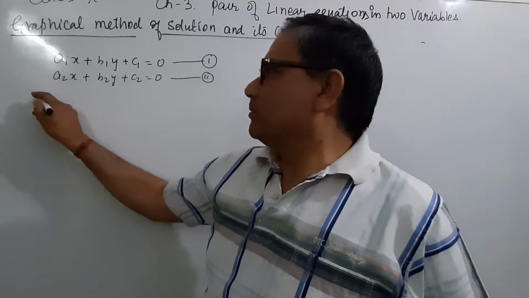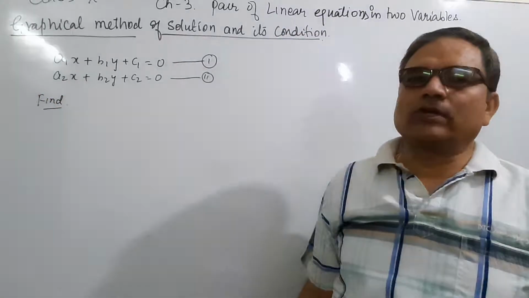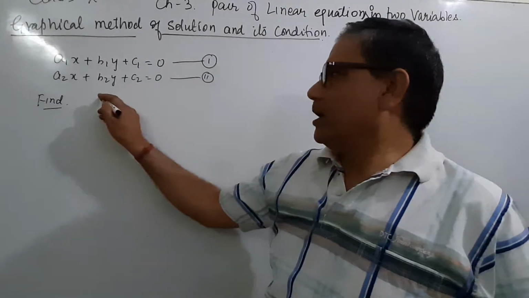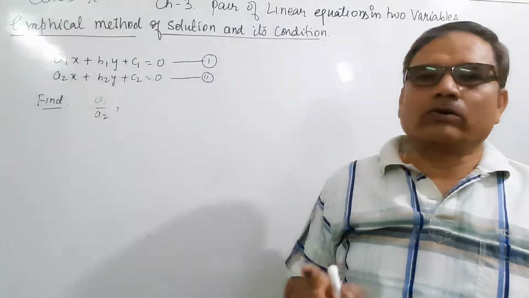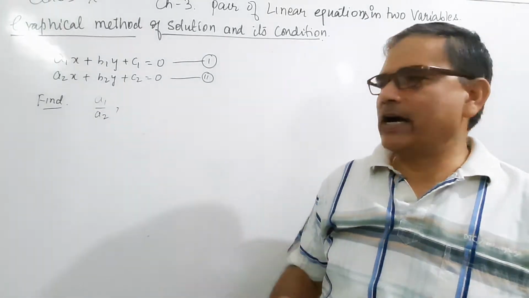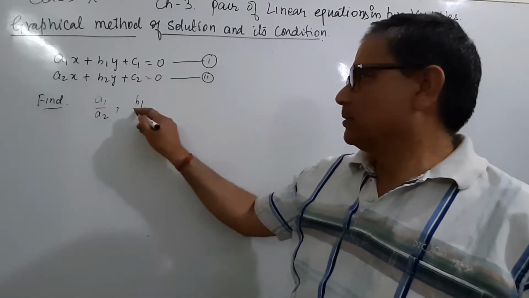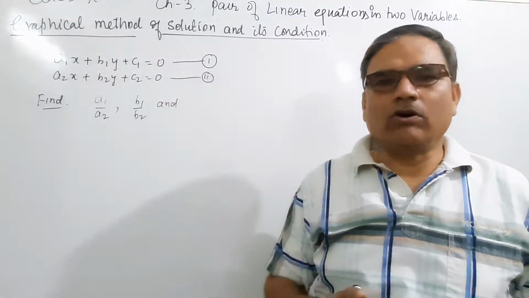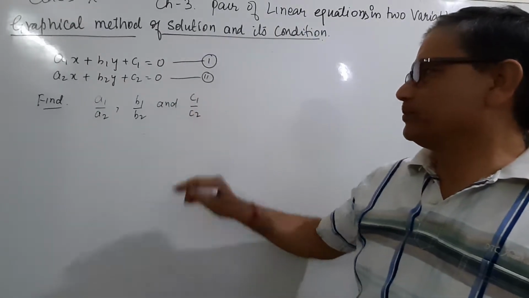First find the ratio of the coefficient of x, a1 upon a2, and the ratio of the coefficient of y, b1 upon b2, and the ratio of the constant term, c1 upon c2.